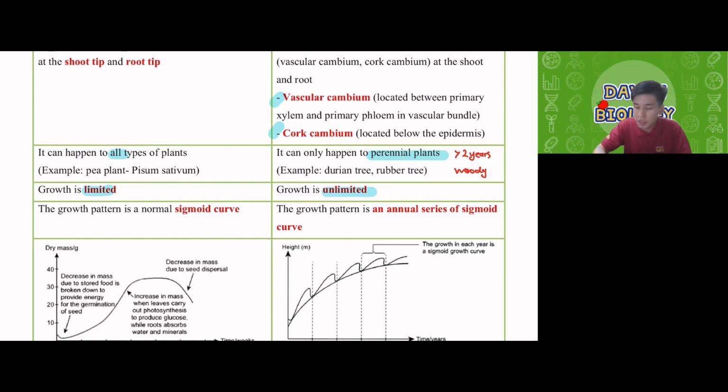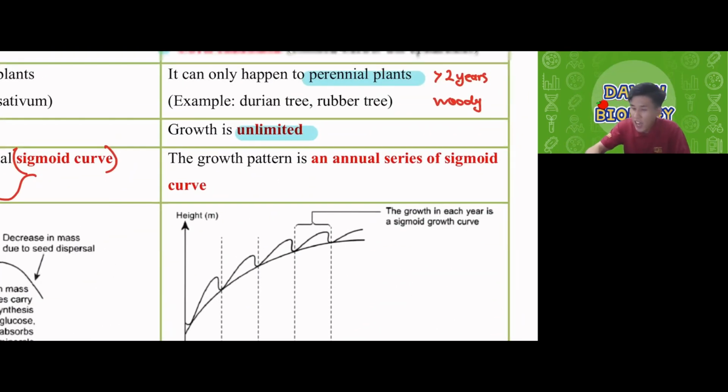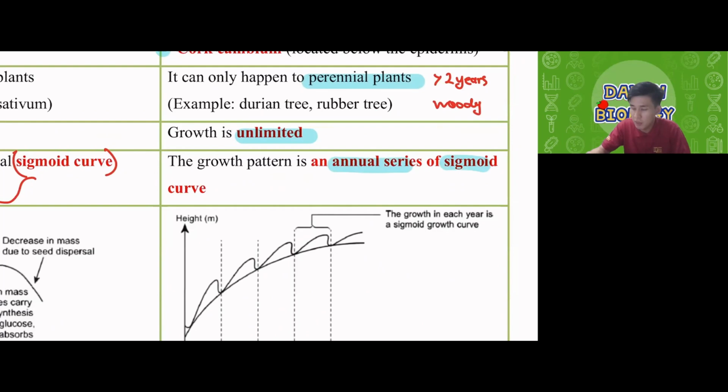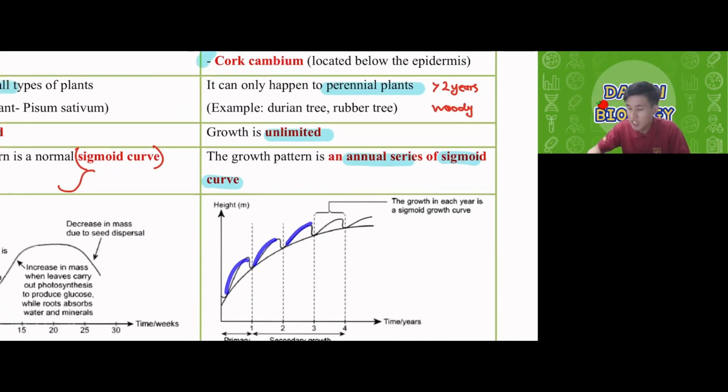So the growth curve is a typical sigmoid curve, S-shaped curve that you see in human also. Secondary is an annual series of sigmoid. Meaning every year, the sigmoid will repeat. Since secondary can occur for many years, like we mentioned, more than 2 years, it will keep on repeating. But of course, over the years, it will get slower and slower.